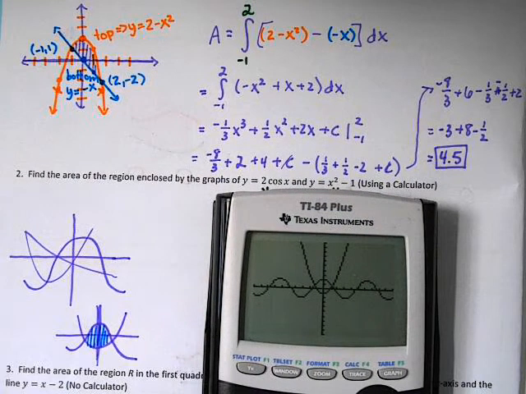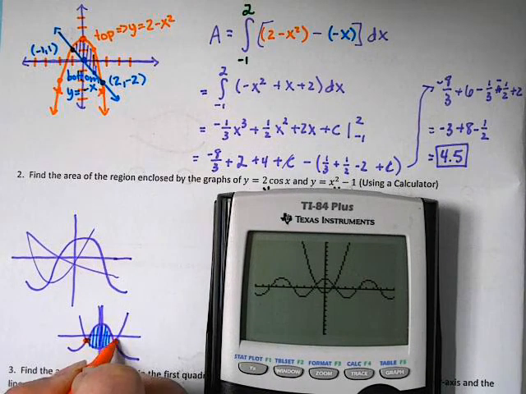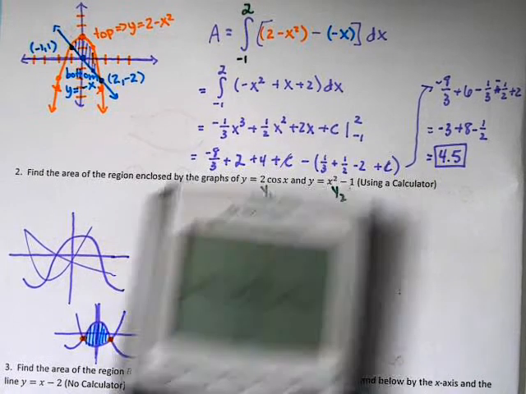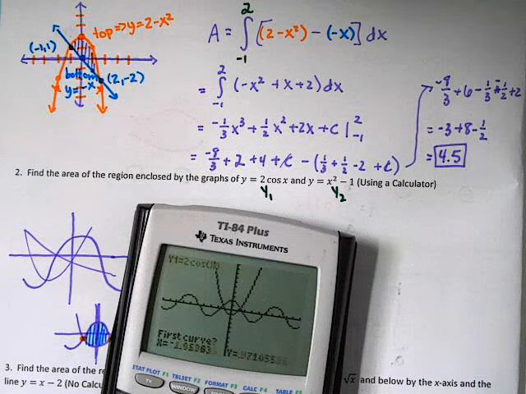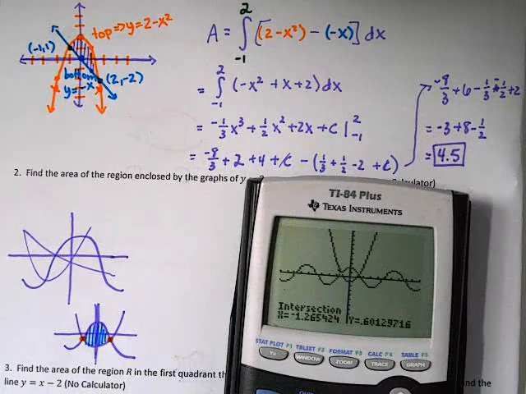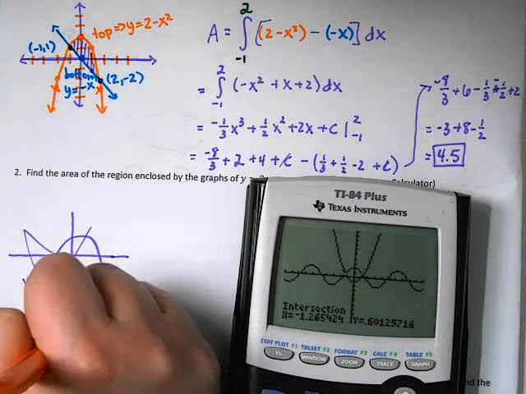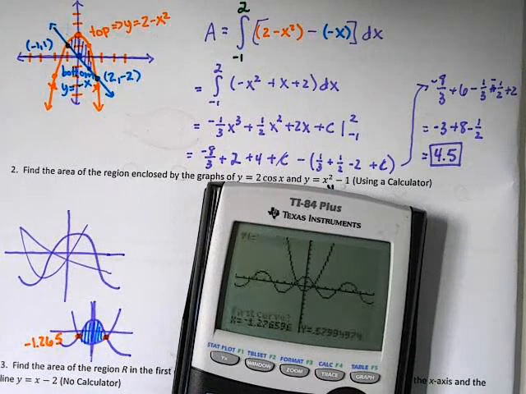So we need to know what is this point and this point. So we're going to go to our calculator and we're going to find the intersection points. So that one is negative 1.265. And then if I want to find the other point of intersection, I just do the same thing.